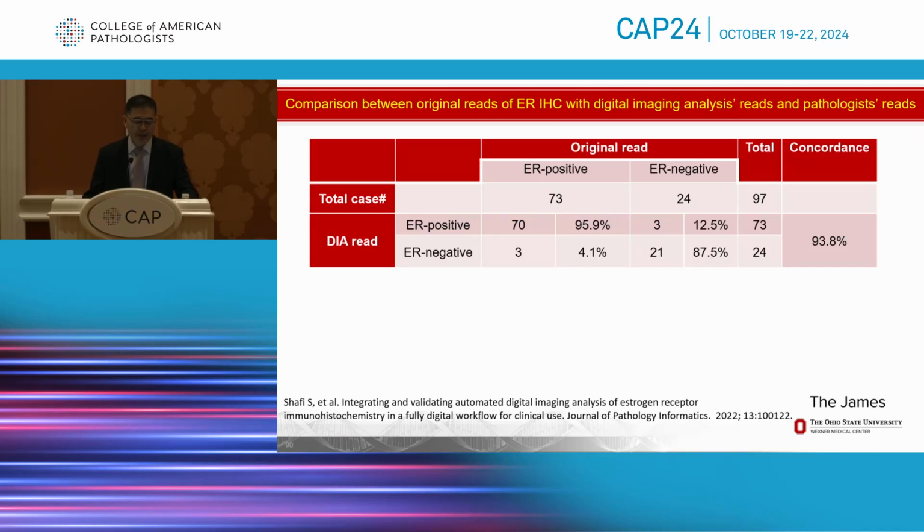This can give you the final positive or negative result, and also a definitive percentage of positively stained tumor cells. It even gives you the number of tumor cells, like thousands of tumor cells with staining, and total tumor cells as well. So the final validation concordance was about 94%. That's pretty good, very close to the 95% concordance rate.